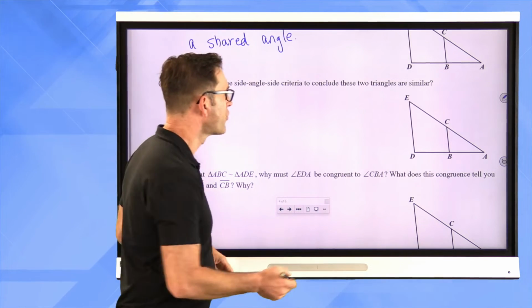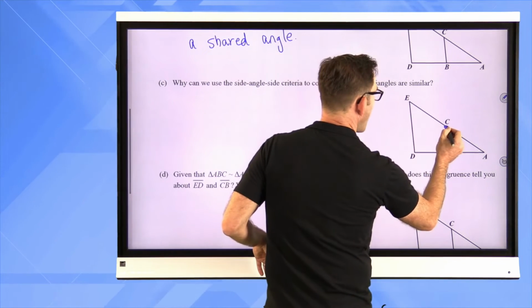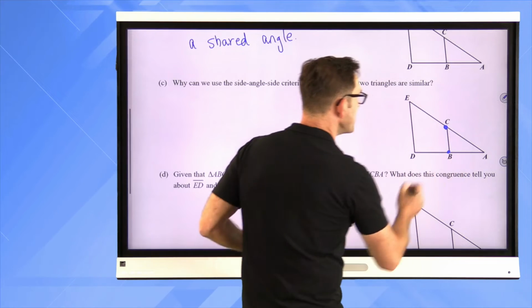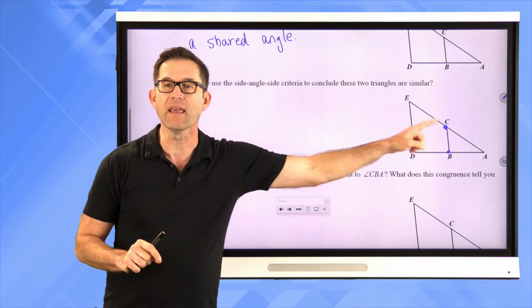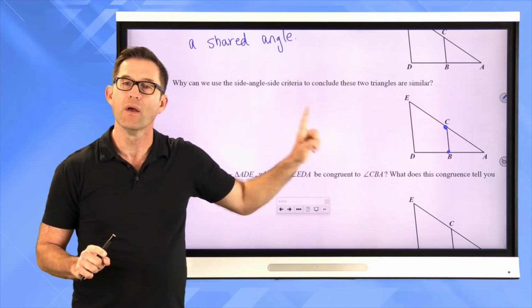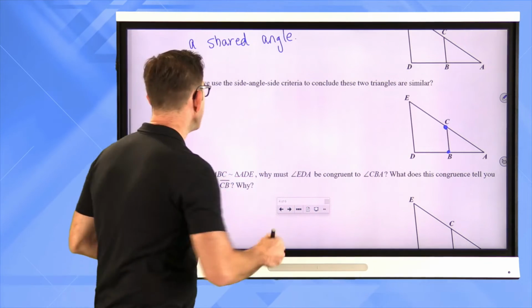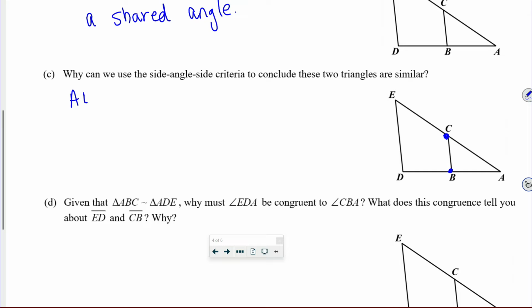Well, keep in mind that C and B aren't any random points on these sides. C and B are the midpoints of AE and AD respectively. So what I know right now is that AE divided by AC has to be 2, and AD divided by AB must be 2 because of those midpoints.